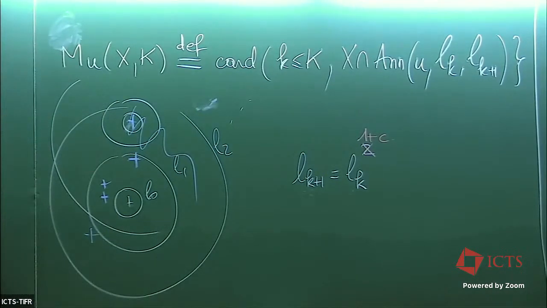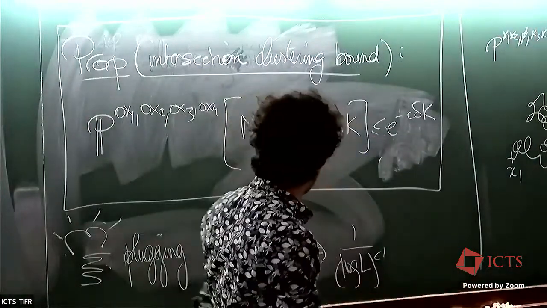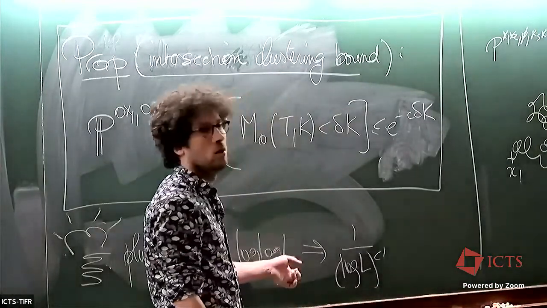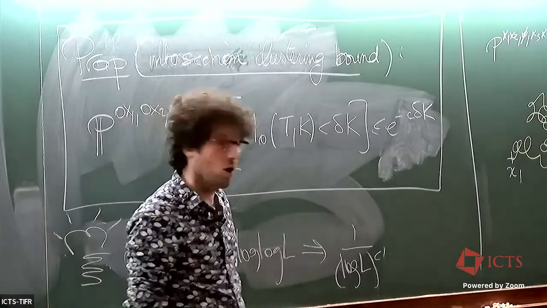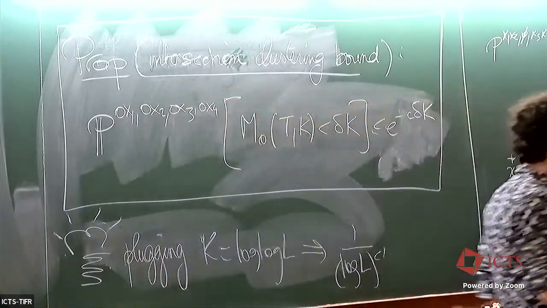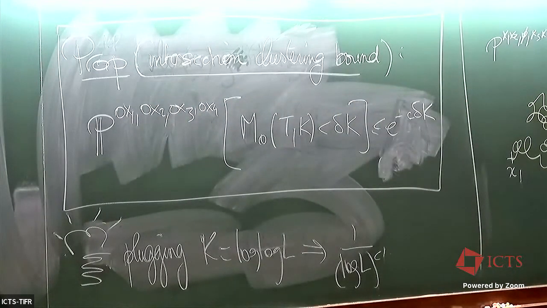So you are going to define B L_{k+1} in such a way that it's twice B L_k. How many scales will you find? Log B L. You can find logarithmically many scales in terms of the bubble diagram.